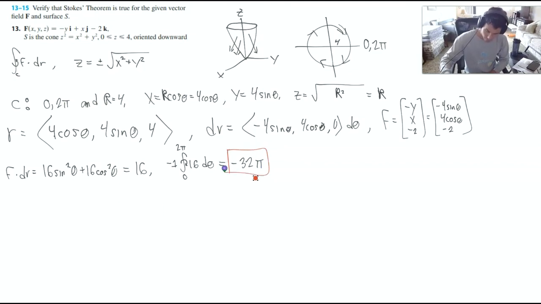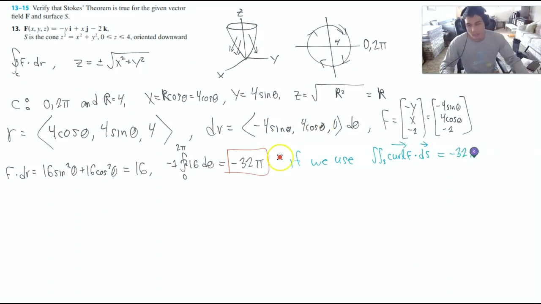Okay. So if all that's true, then when we use Stokes' theorem, if we use the double integral over a surface of curl of f dot dS, then this should be equal to negative 32 pi, right?